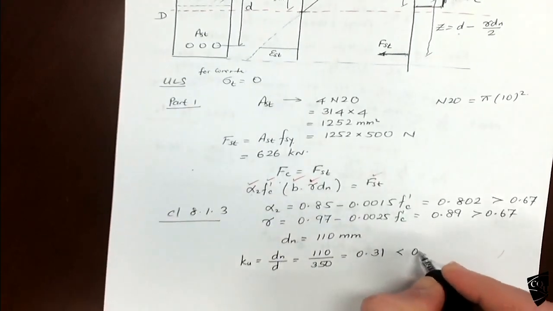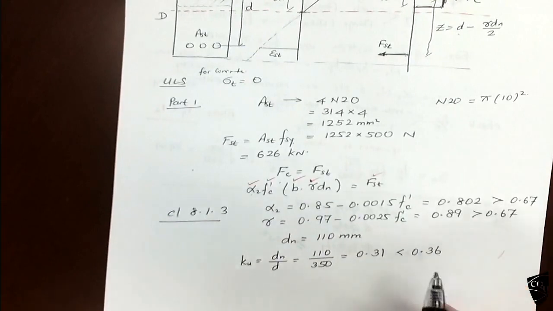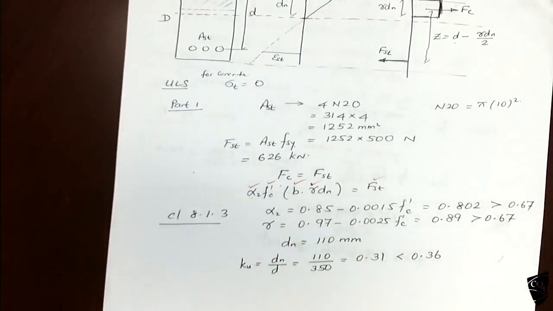That is less than 0.36. If it is less than 0.36, the ductility requirement is satisfied. It's also an under-reinforced section. If it is an under-reinforced section, steel will yield before concrete reaches 0.003. So the assumptions are correct, so it's satisfied.